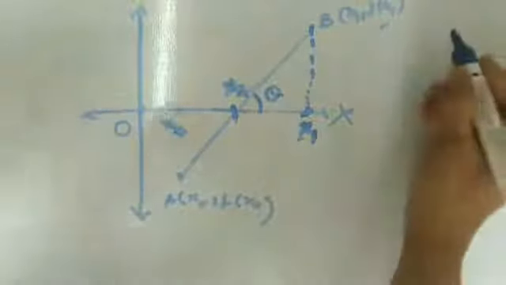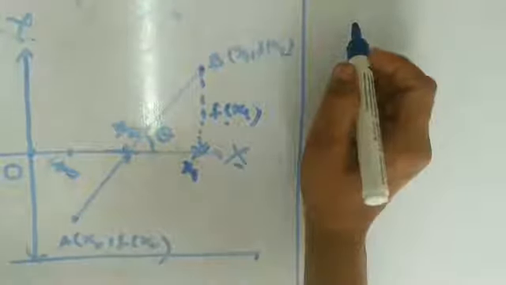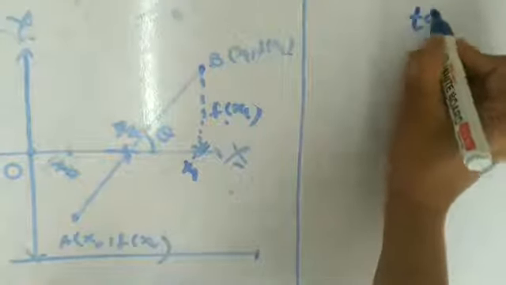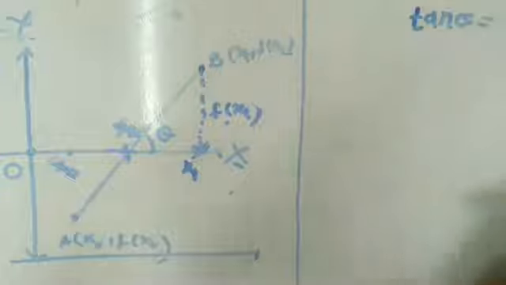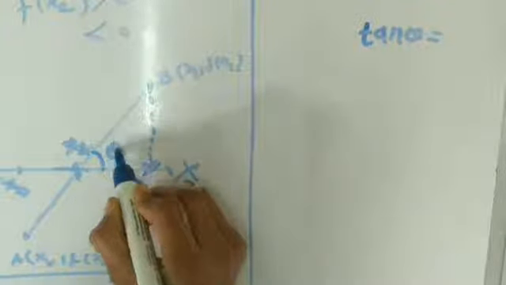We find tan theta. Tan theta is equal to the opposite side divided by the adjacent side.